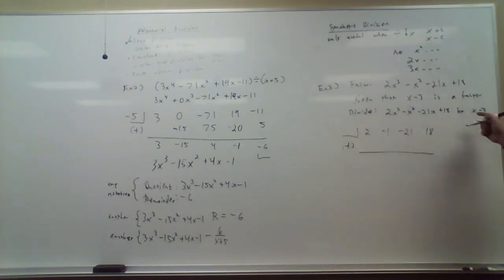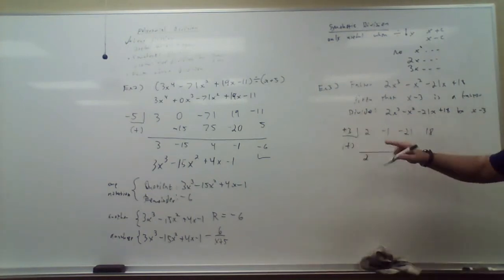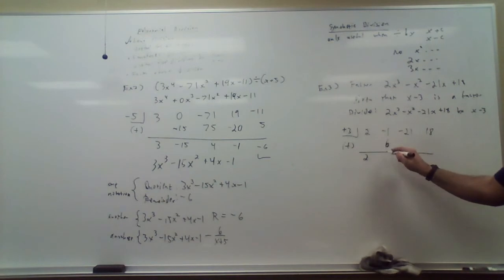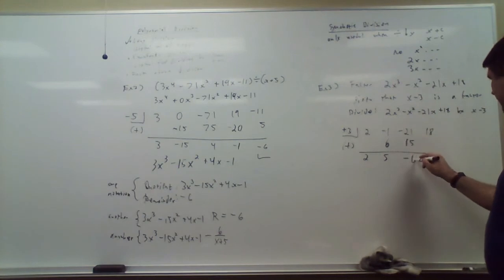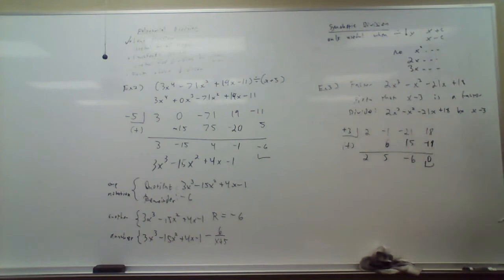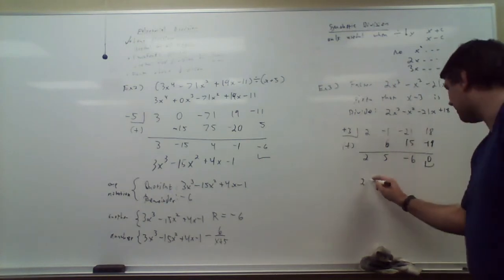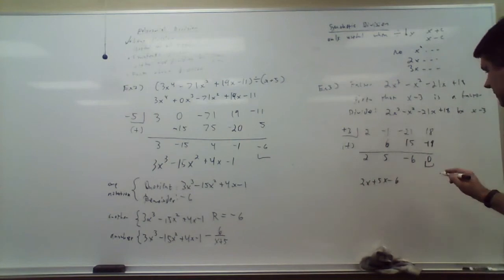The opposite of minus 3 is positive 3. Bring down the 2. 2 times 3 is 6. I get 5. 3 times 5 is 15. I get negative 6. 3 times negative 6 is negative 18, and I have 0. Okay, that's my remainder. So it's 2x squared plus 5x minus 6.